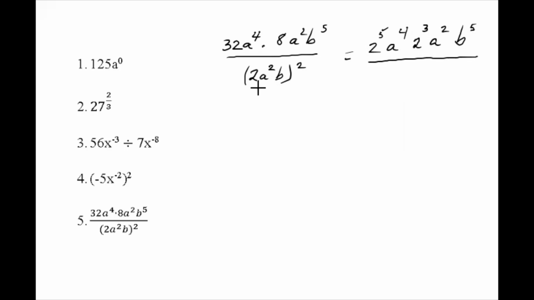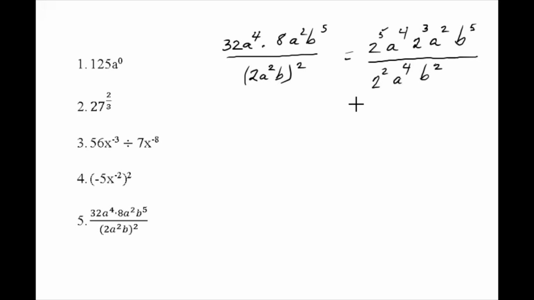Now remember, everything inside this bracket is squared. So then this becomes 2 squared. a squared squared, which then becomes a to the 4th, correct? That's a to the 4th, right? So a squared squared is a to the 4th. And b squared.